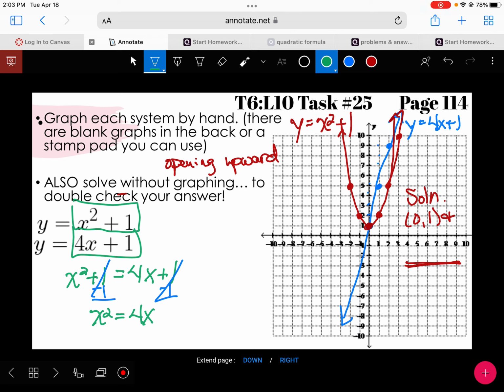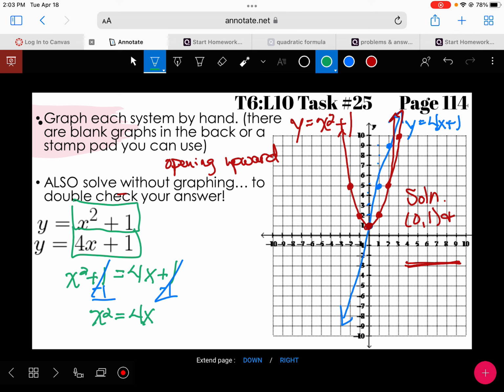If I square it on one side, I have to square it on the other, and that's going to give me x to the square root. Square root? Not quite, because we have x's on both sides. So we need to get our x's all to one side, right? Set it equal to 0.